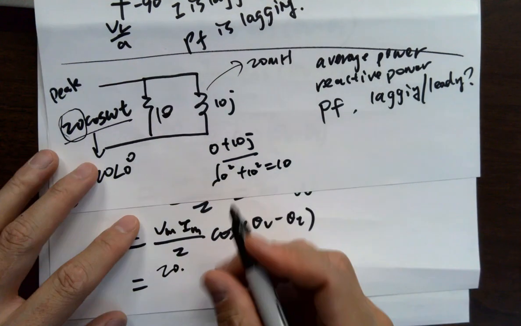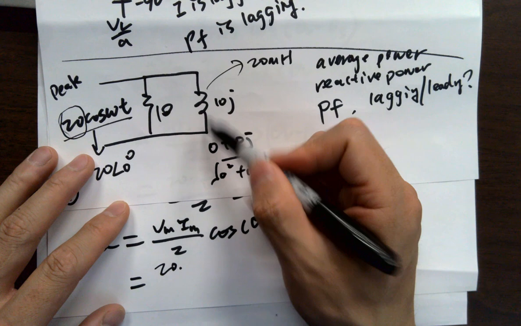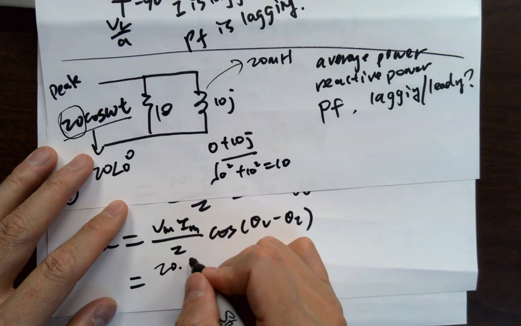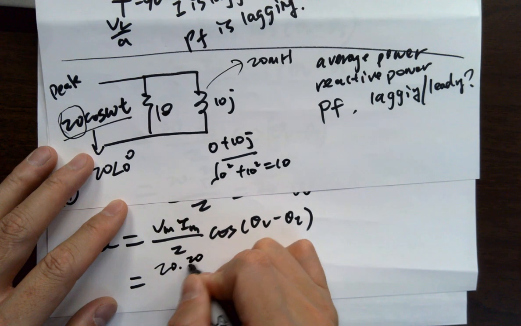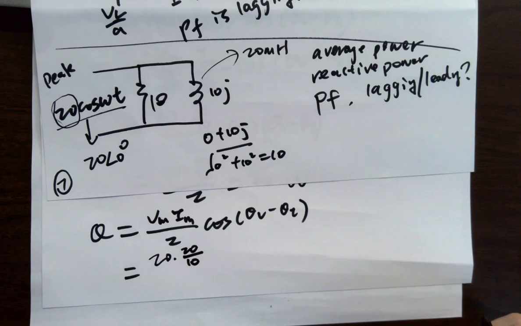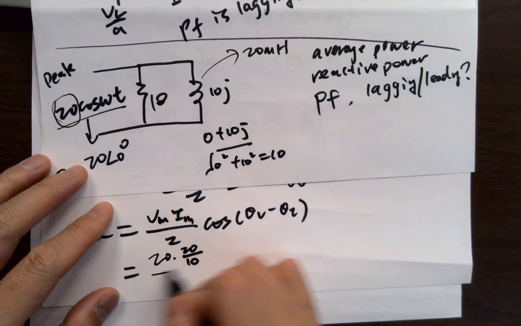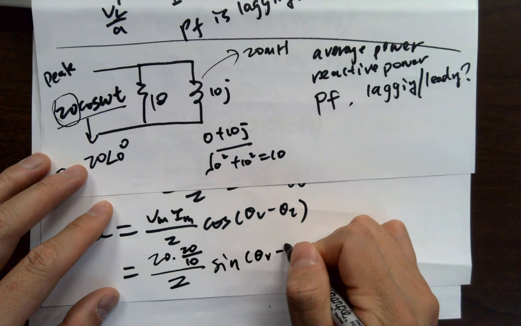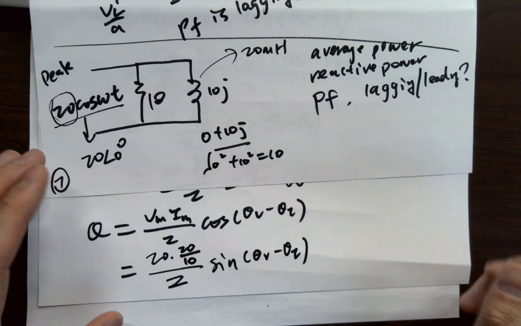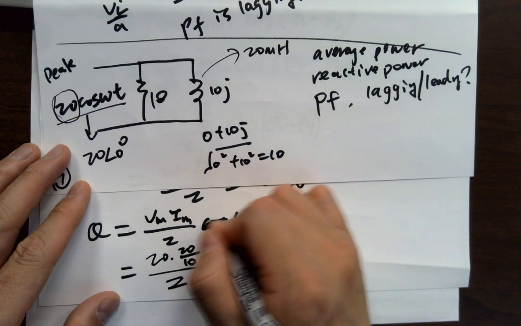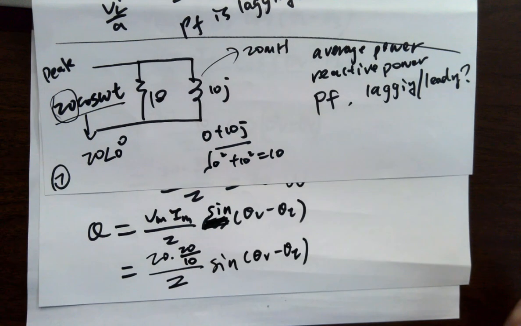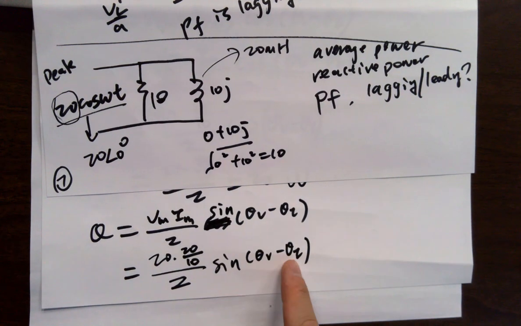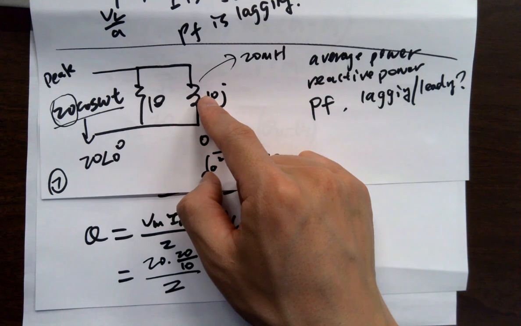So Im for this guy is going to be 20 over 10 as well, divided by 2, and sine of theta V minus theta I instead of cosine, okay? Sorry, sine. So the V and I difference for the inductor is 90 degrees.